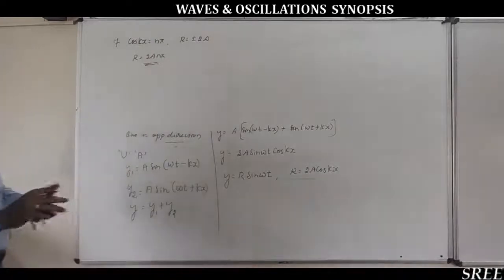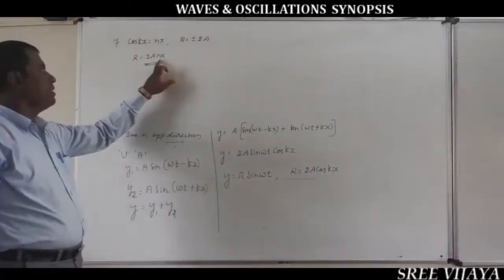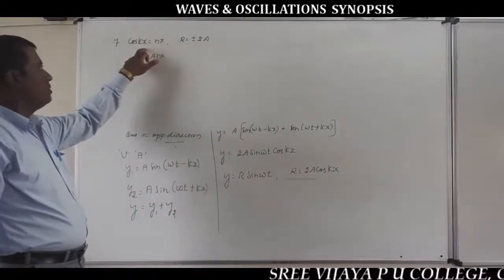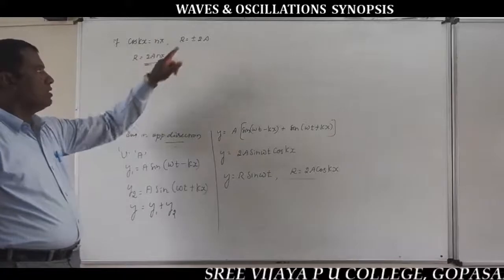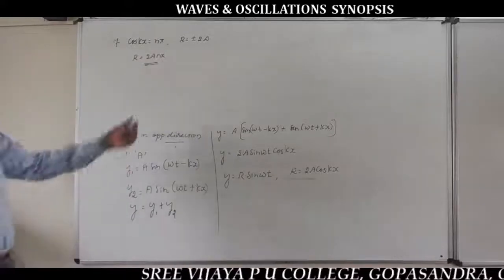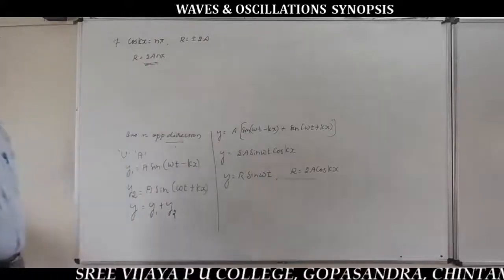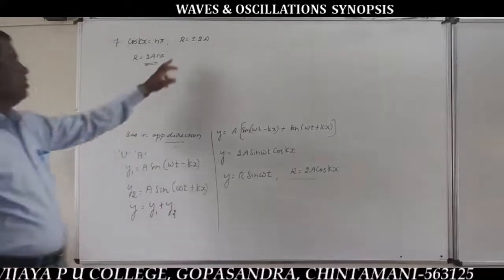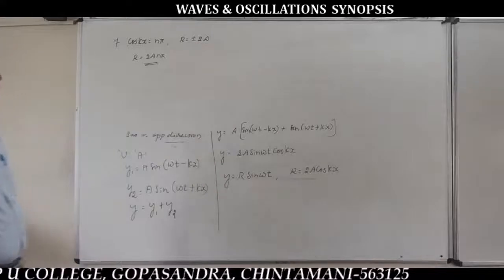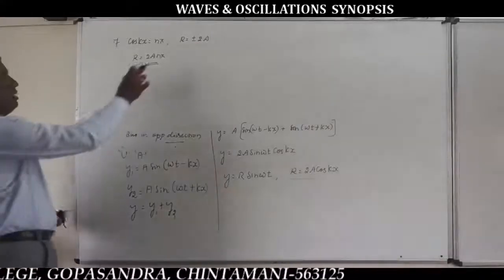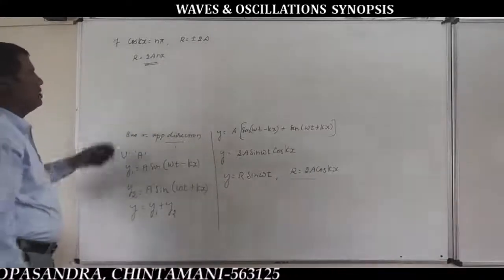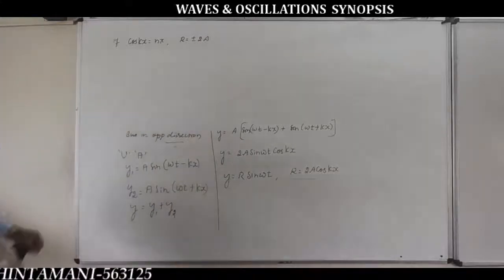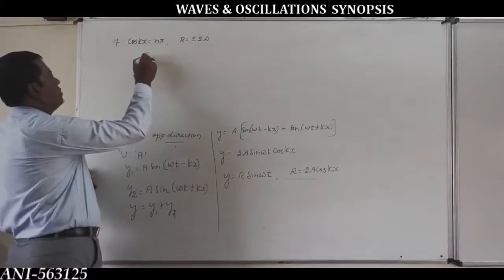If you go on giving values for n, if n is 0, this becomes cos 0, which is 1, so you get plus 2a. As we go on varying the values of cos kx, you get plus or minus 2a. If this condition is satisfied, then you get maximum amplitude. Here there is generation of antinodes.